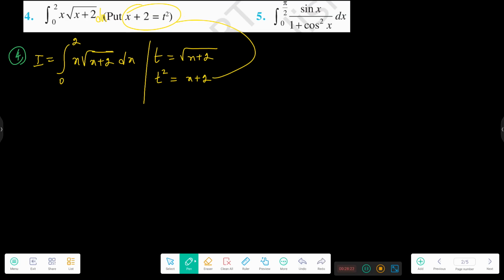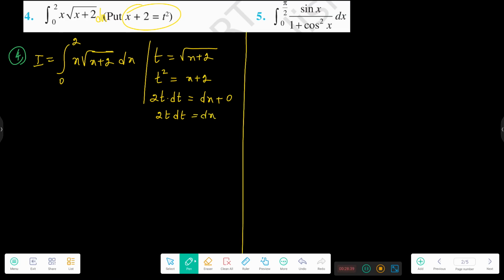Right. Now you can differentiate. When you differentiate, 2 will be coming down, t power 1. Differentiating t gives dt, x gives dx, and the derivative of 2 is 0. Finally, 2t into dt is equal to dx.